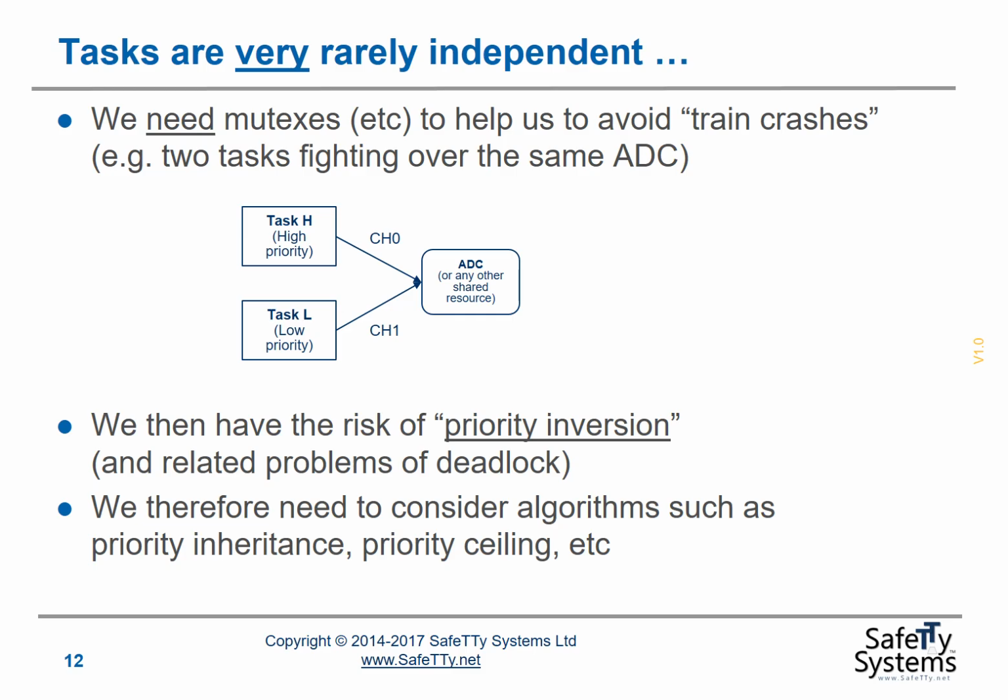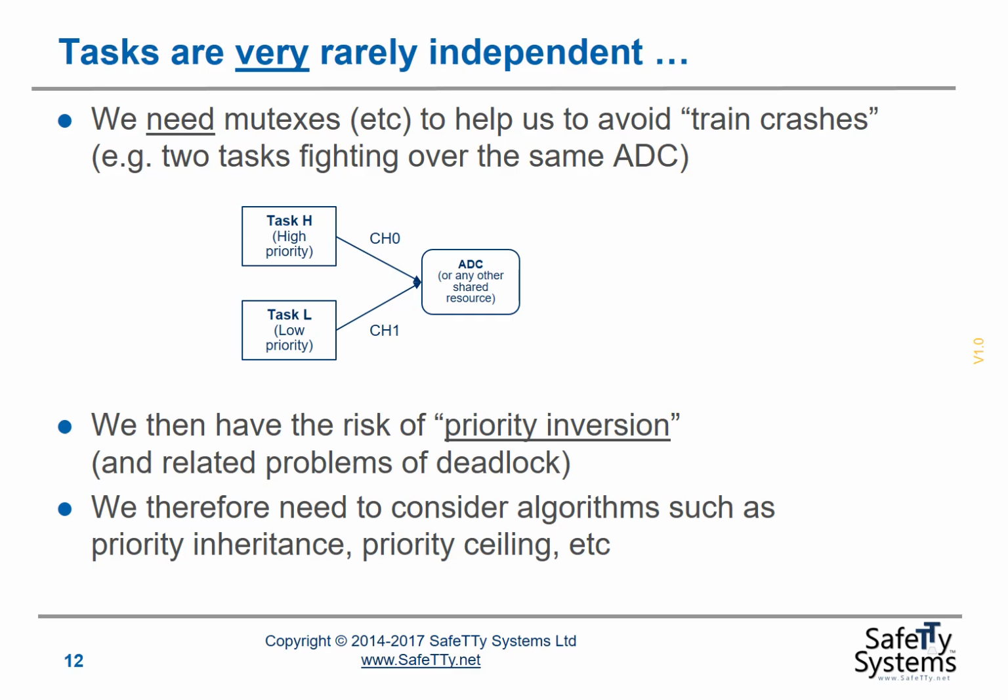It's a high priority task, but it's blocked by a low priority task. In other words, the low priority task is given priority over a high priority task, a situation known as priority inversion, which can give rise to deadlock in your design.